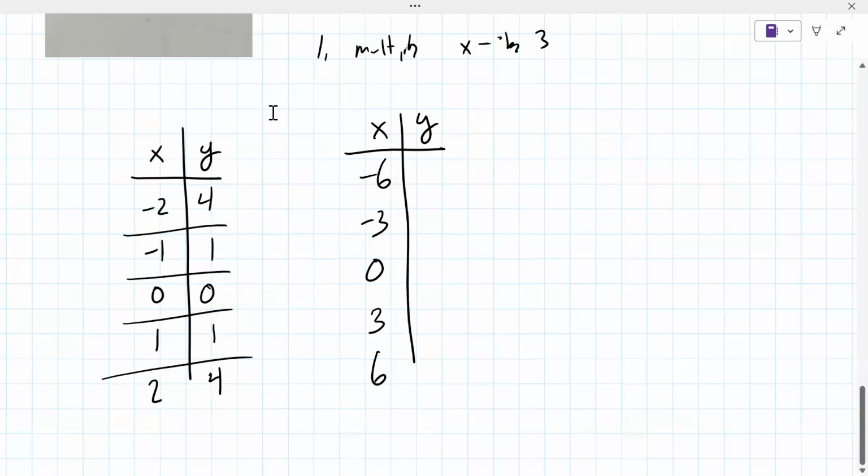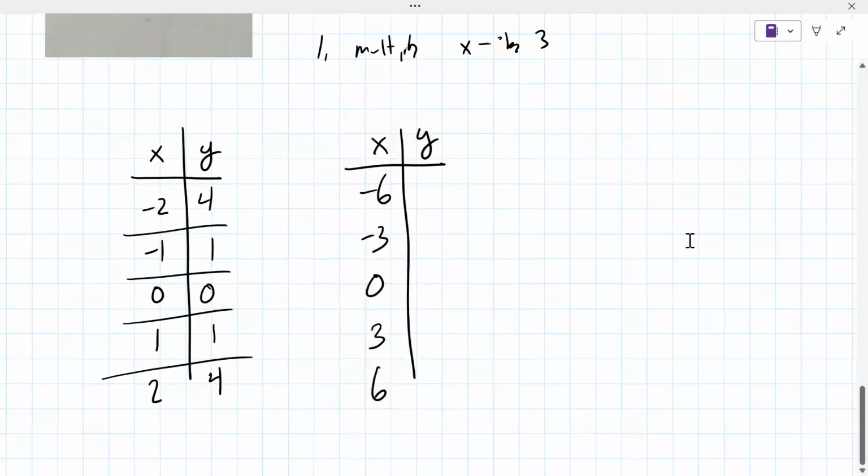Okay. Now give me the next two transformations. The next transformations are reflection over the x-axis and vertical shift up 3.